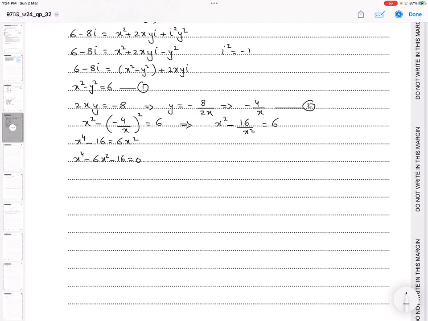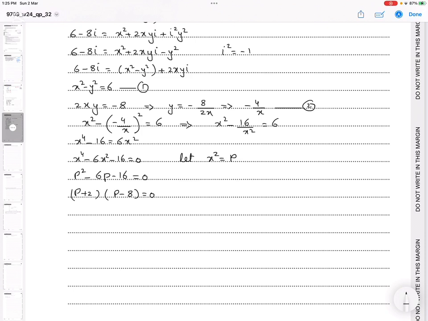Now make it a quadratic equation, so let x squared be equal to p. So I can write p squared minus 6p minus 16 equals 0. Factorize it, you will get the factors (p plus 2) times (p minus 8) equals 0.